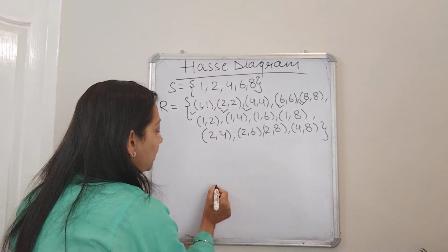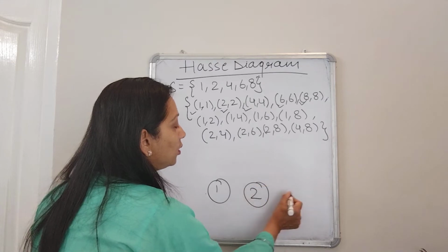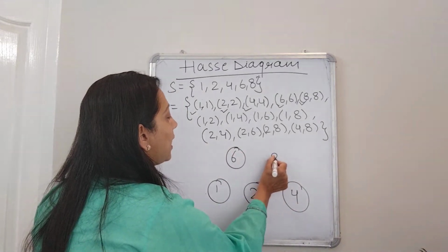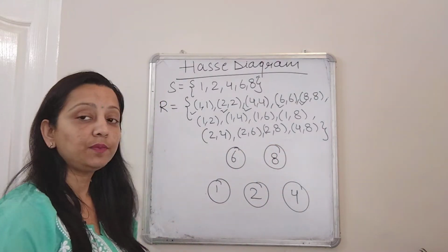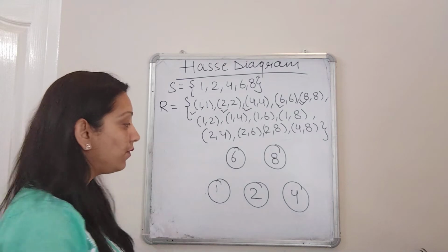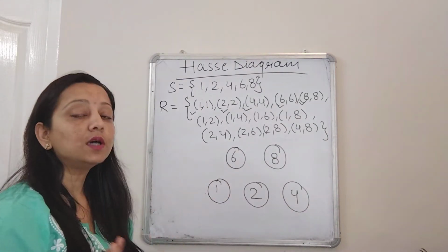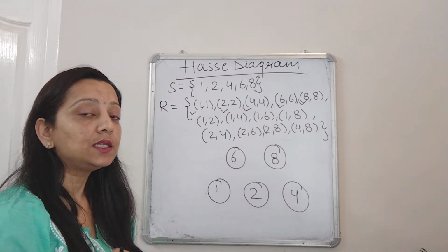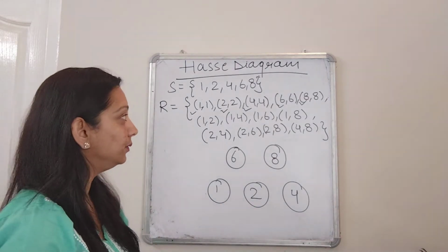So I will randomly put them like this: 1, 2, 4, 6 and 8. Okay, so all the elements are represented by the vertices of the graph. So this is one vertex, second vertex, third, fourth and fifth. So the first step is that all the elements of the set, I will put them like this as vertices of the graph.